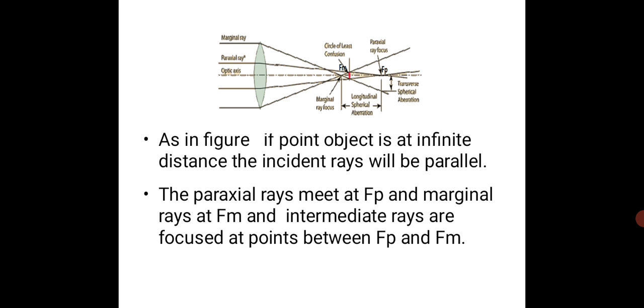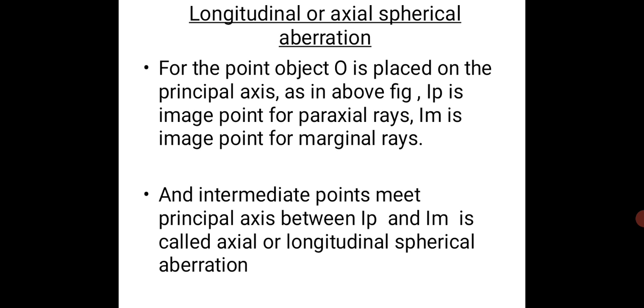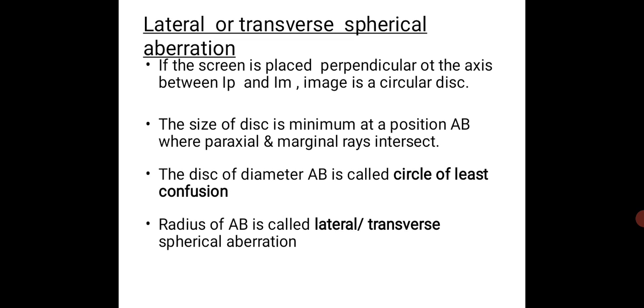If a screen is placed between Fm and Fp, then an image is observed as a circle on the screen. Then we note down the radius of this circle, which gives the measure of lateral spherical aberration.